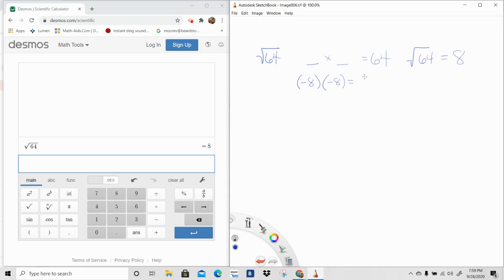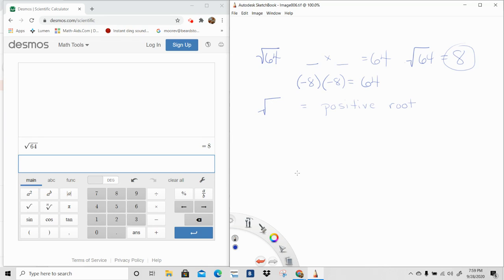If we were to take -8 times -8, the two negatives would cancel out and it would be positive 64. But when you see a radical sign by itself like that, it usually means they want the positive root, or they want the positive number times itself that would equal the number under the radical sign.